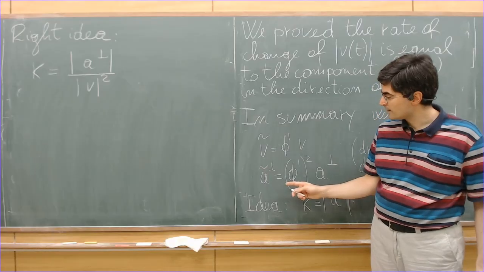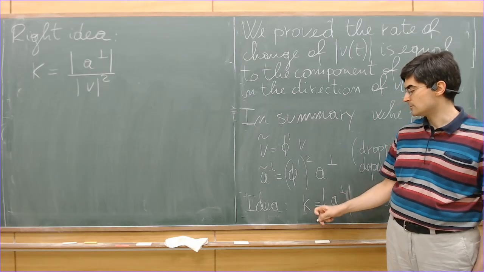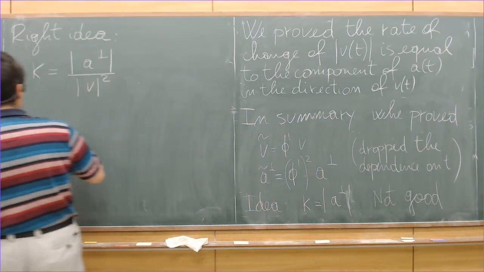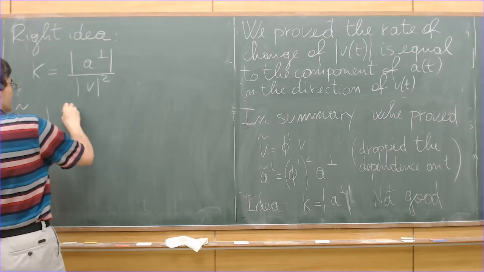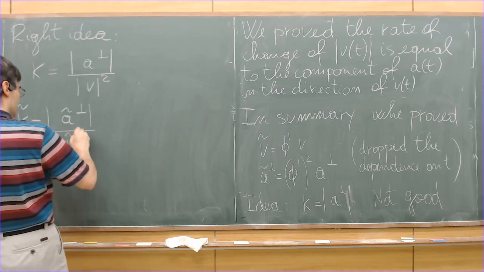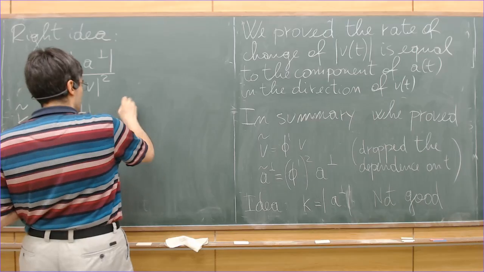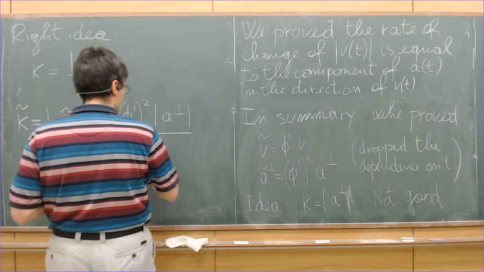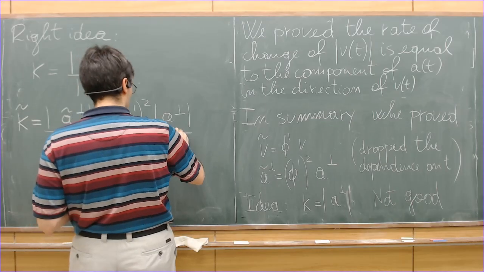Because if we look at k tilde, the curvature function of gamma tilde, this will be given by the length of A tilde orthogonal divided by the length of V tilde squared, and this is phi prime square times the length of A orthogonal divided by phi prime square times the length of V squared.